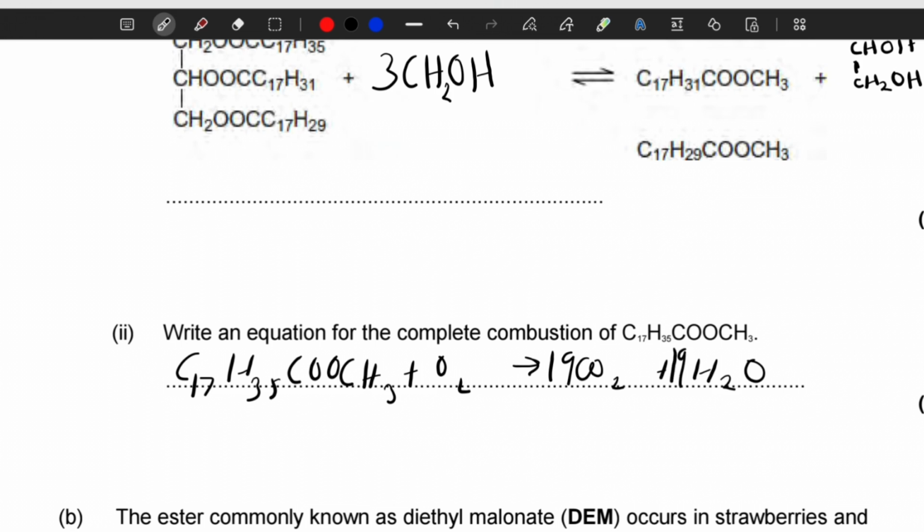And then now we can balance the oxygens. So now there's 38 plus 19. There's 57 oxygens on the right hand side. So you need 57 oxygens on the left hand side. So that is going to be 27.5 of oxygens.